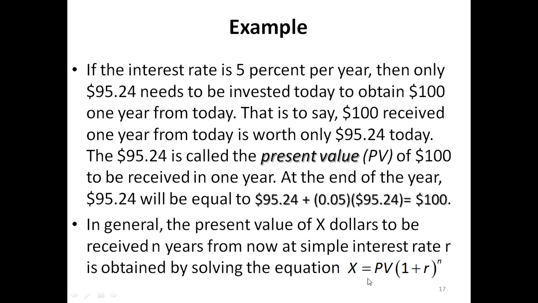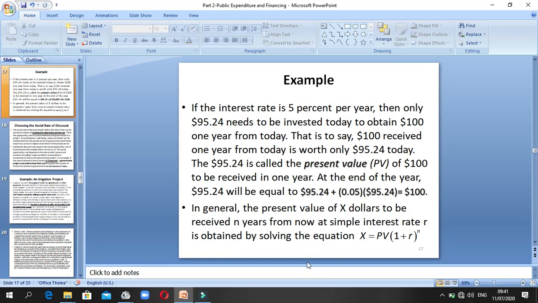This is the future amount of money we need to generate, so that's why we use this formula with the present value. So when you take 1 plus r to the power 1 and multiply by 95.24, you get the amount of money we will generate after 1 year. Let me show you how this comes about.